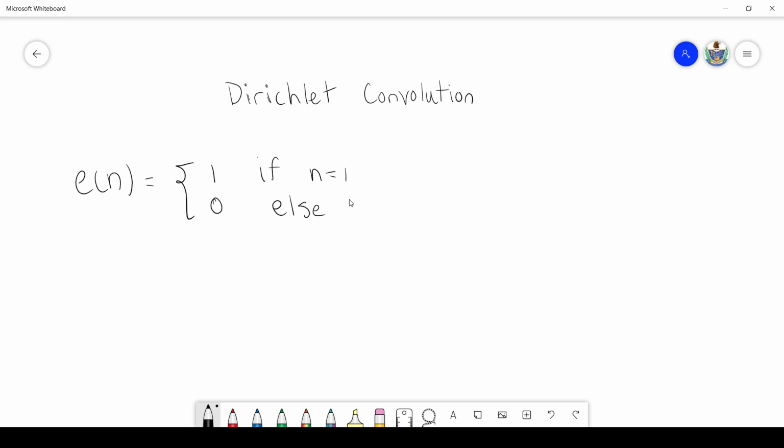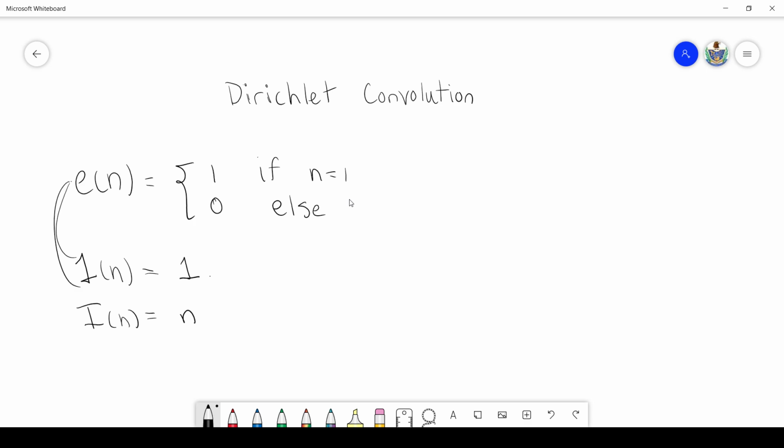For another function, I want to consider something I'm just going to call the 1 function, which is just going to be constantly equal to 1. Next, I want us to consider the identity function, which is just going to be equal to n. And it can be seen that these two functions in particular are completely multiplicative, but that doesn't really matter.